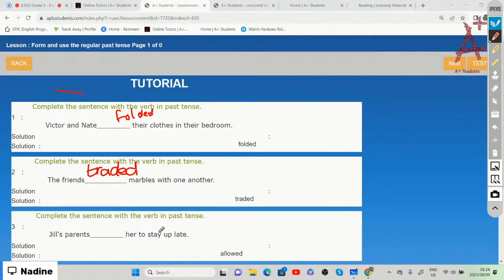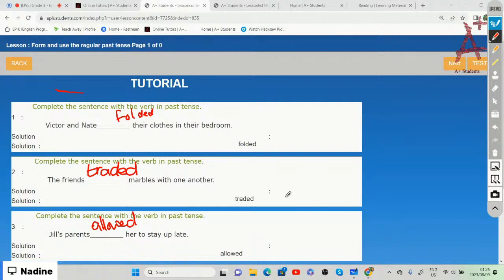Jill's parents allowed her to stay up late. So allowed ending in ed. Allowed. So we can even see that allowed, it ends in ed, right?